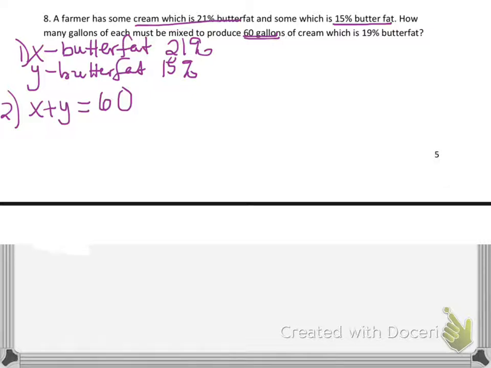So this first creamer is 21%. So convert 21% to a decimal, it's 0.21. Convert 15% to a decimal, and it's 0.15. And total, together, they want it to turn into a 19%.